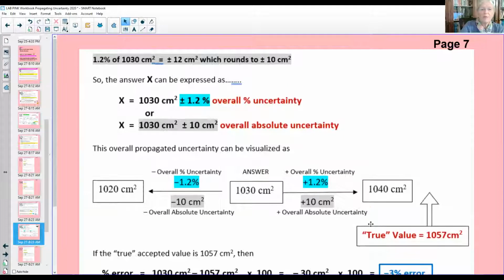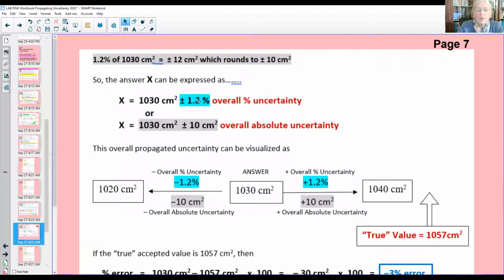So continuing on page 7. Now I've got my answer right here, and I've got my overall percent uncertainty. I have the 2 blue numbers up in the top. You might ask, how do I get the bottom gray numbers? You have to calculate that. You have to take 1.2% of your result.